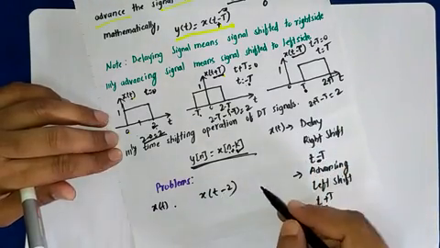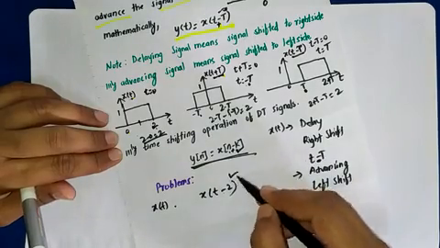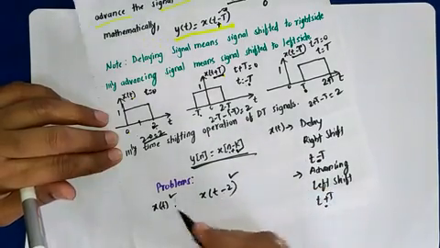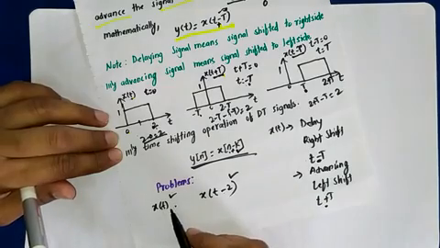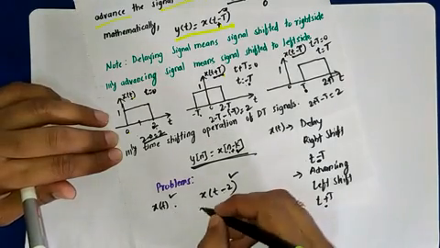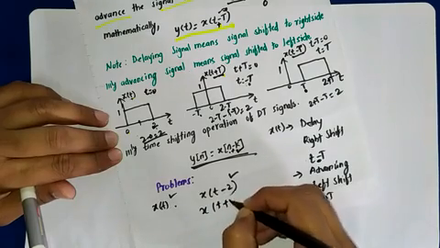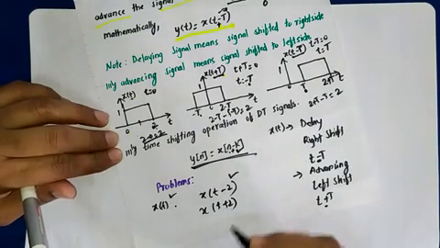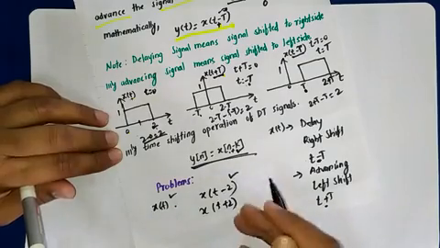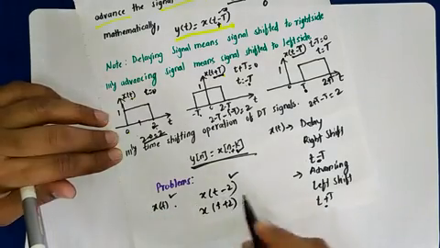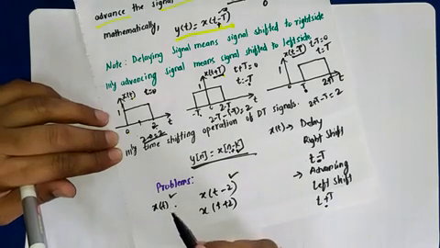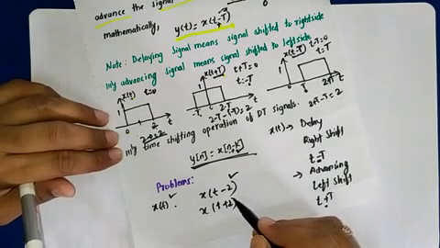So the signal you generate will be a right shifted version of the same signal. Similarly, if I want to perform x of t plus 2, this is again shifting x of t by 2 units to the left side. So it is a left shifted version of x of t. That's how you have to understand these things.